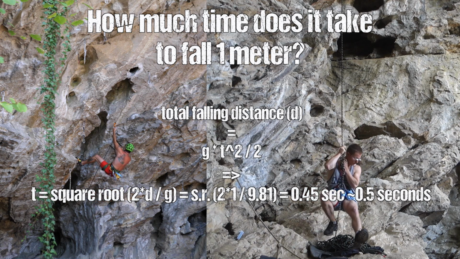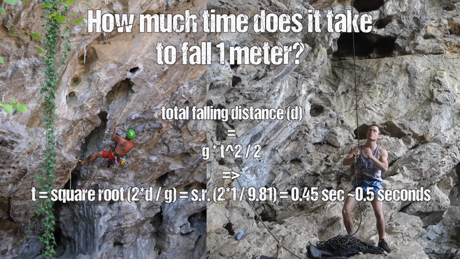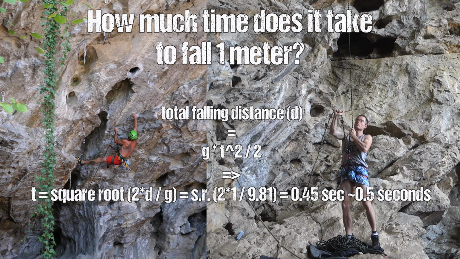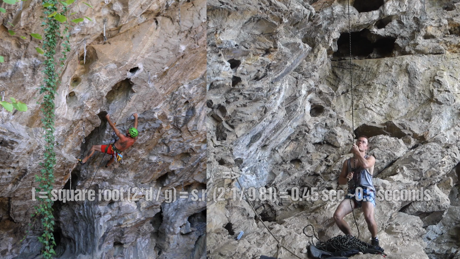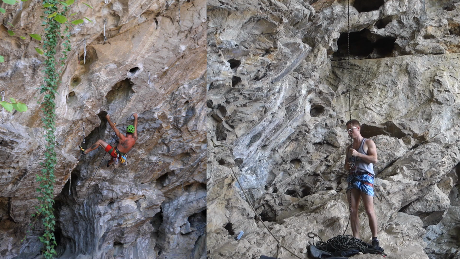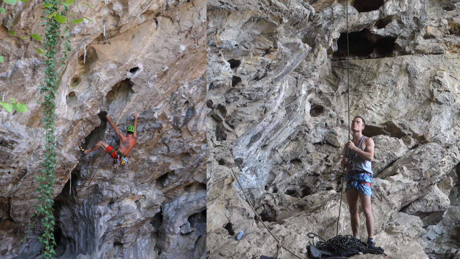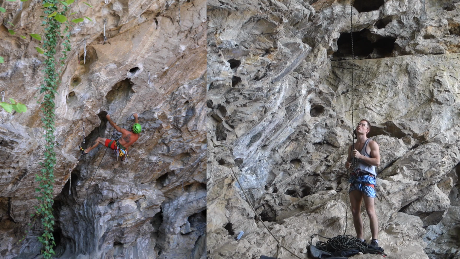This time results in 0.45, or let's say roughly 0.5 seconds for 1 meter of falling distance. So if your climber is falling with his hips at the last clipped quick draw and you've got 1 meter of slack out, it's going to take roughly 0.5 seconds until he hits the harness.